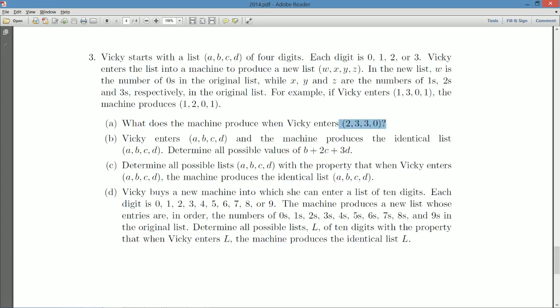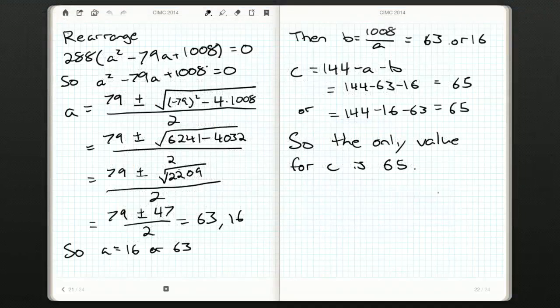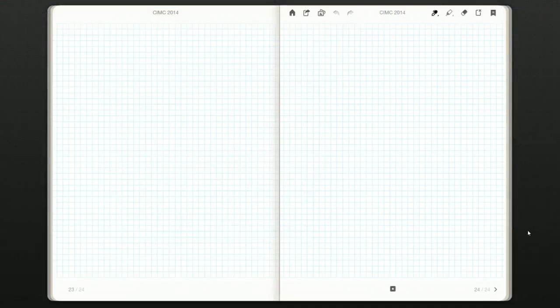Okay, well, let's take a look. We'll need a new piece of paper. Is it Vicky with an I or Vicky with a Y?